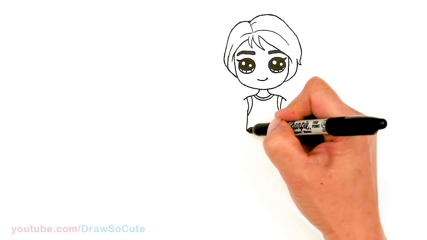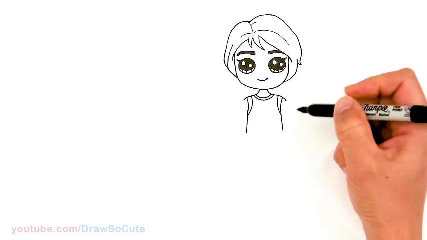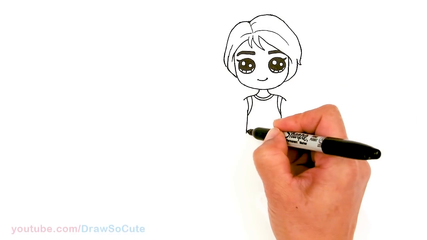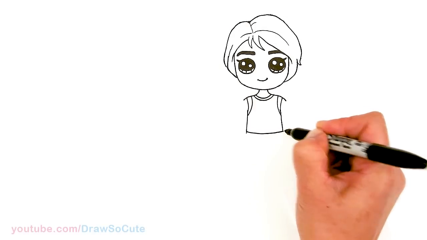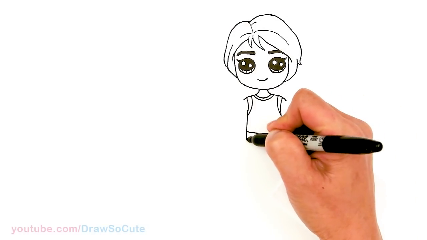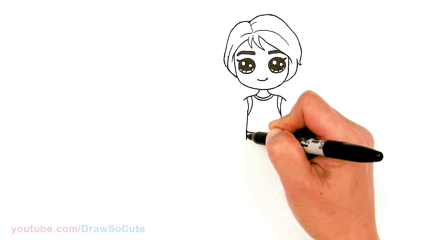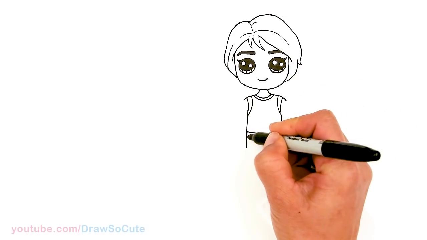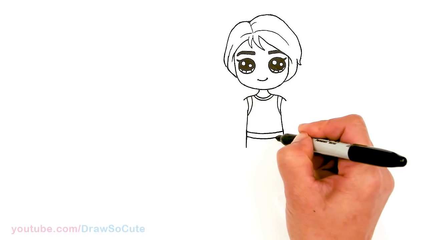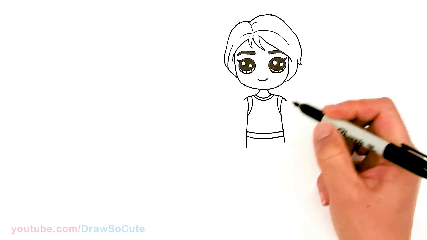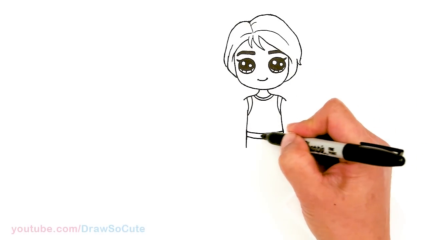And then about right there, I'm going to stop and add her belt. I'm going to keep bringing this down. And right here, let's add her belt. And so then this is her waist area.